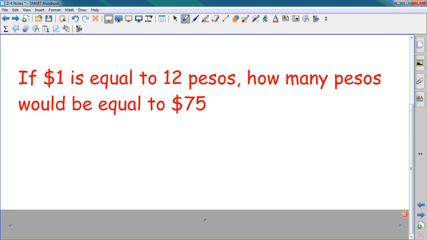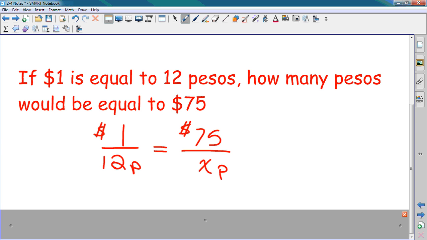Suppose I was traveling to South America. I believe they use pesos in South America, or Mexico. If $1 is equal to 12 pesos, how many pesos would be equal to $75? Now, the most important thing when you're setting up a proportion: if I put dollars on the top here, $1 is equal to 12 pesos, I have to put dollars on the top on the other side. So I would have $75 is equal to X pesos.